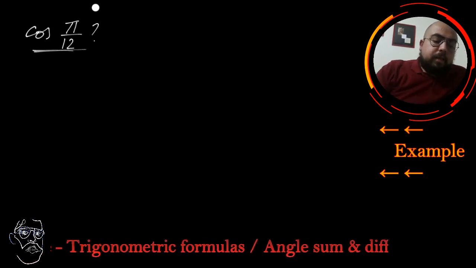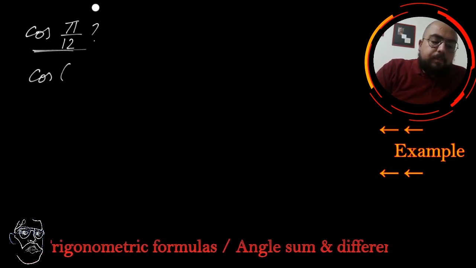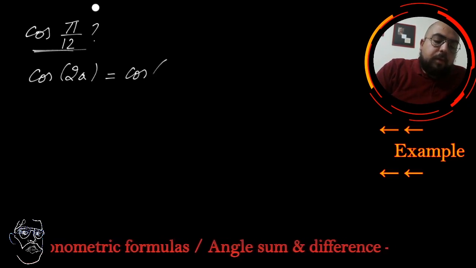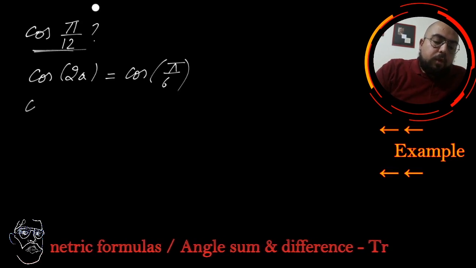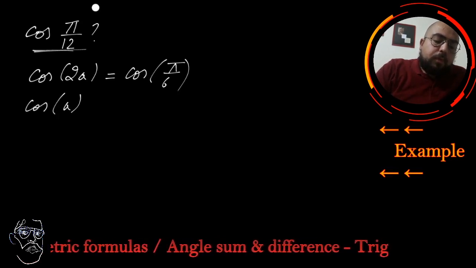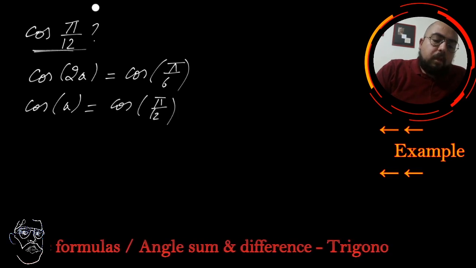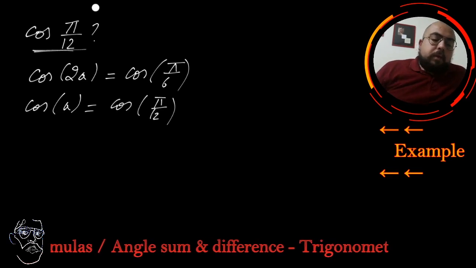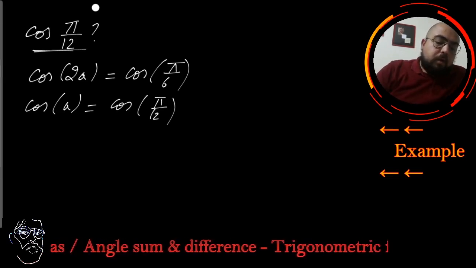I can say that cosine of 2A will be equal to cosine of pi over 6. It's the double angle. So cosine of A represents cosine of pi over 12. So I will simply have to find a certain relation between cosine 2A and cosine A.